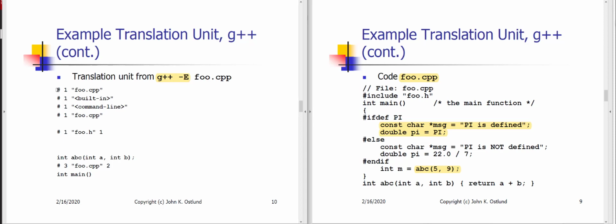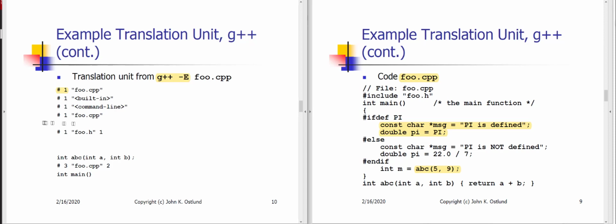Okay, so on slide 10, these lines that start with a pound sign and a number, you can really ignore. Those lines are simply telling the compiler which line and which file we are currently processing, so that if the compiler discovers some kind of error, it can report which line of which file the error occurred in. Okay, so these first 4 pound 1 lines are simply indicating to the compiler that we are currently in line number 1 of the foo.cpp file.